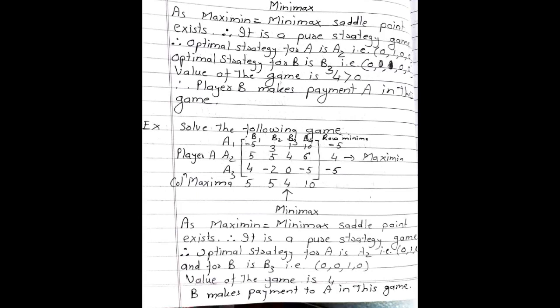Second example, solve the following game. Player A has got 3 strategies, A1, A2, A3. Player B has got 4 strategies, B1, B2, B3, B4. And the payoff matrix is given. We have to find the saddle point first. So write down row minima at the side of the table. -5, 3, 1, 10.